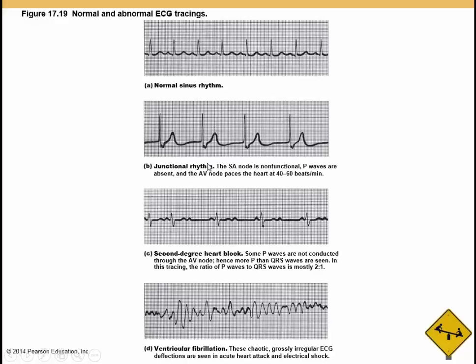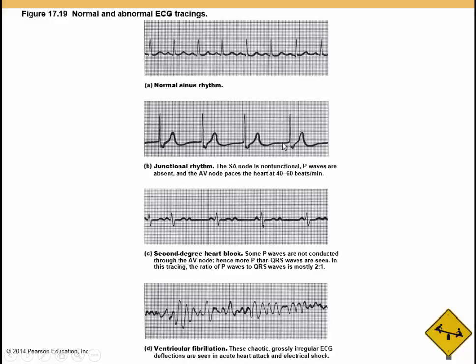We talked about junctional rhythm. Right, this is where that SA node is not functional, so we're not getting the P wave. That is correct. You can see that the P wave is missing here. We still have the AV node functional. All right, so it will allow for that QRS, the contraction of the ventricles to push the blood, and then that repolarization of the ventricles.